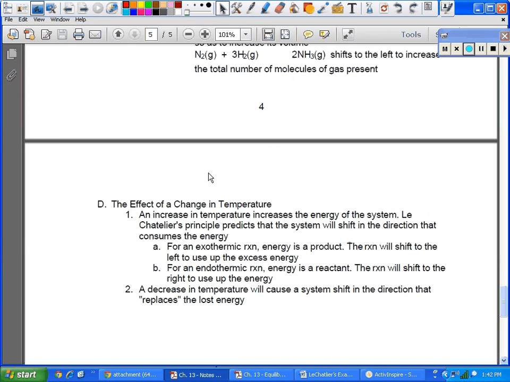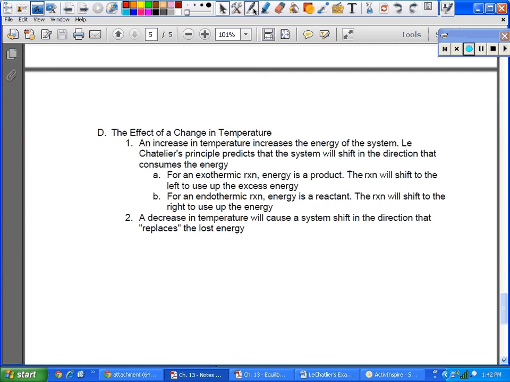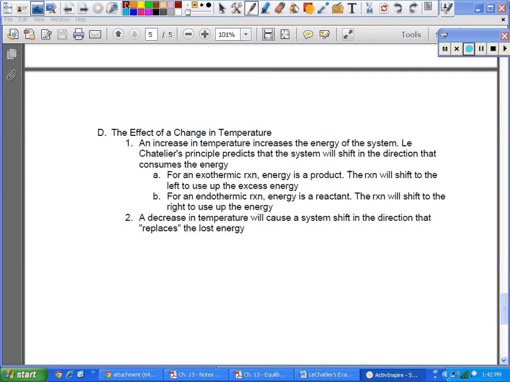Now the final and last part is the most important one. This is the one where the value of K will change. And the most important thing is that it is going to depend on the thermicity. You have to know exo or endo.